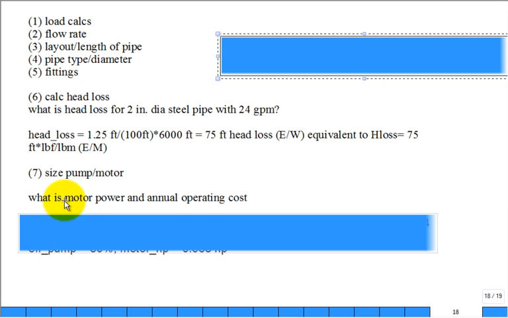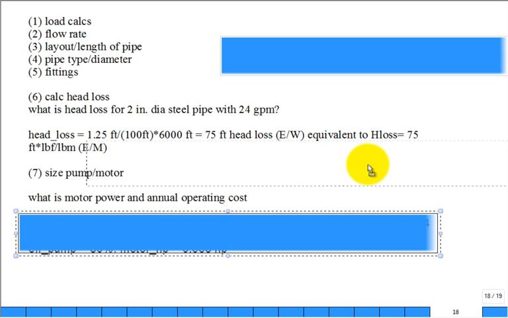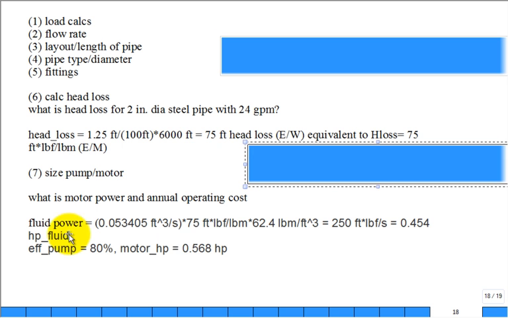So the pump needs to basically provide that amount of head. I didn't account for how much head loss is in the air handler or the head loss that's in the chiller to push it through. We're just doing this. But you find the fluid power, the flow rate, and so on, you get almost a half a horsepower in the fluid power.